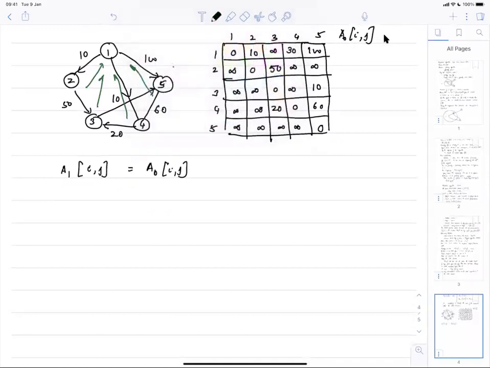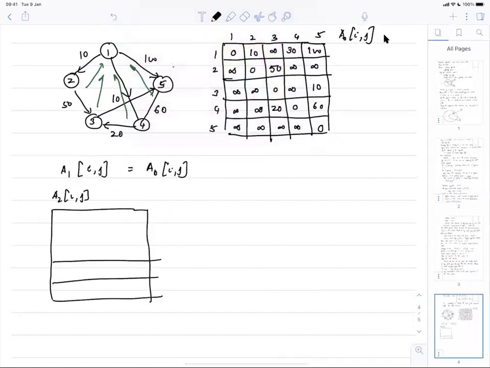Now let us look at A2 of i comma j. I hope I'm doing it correctly. If there's any mistake in my arithmetic, please correct it.